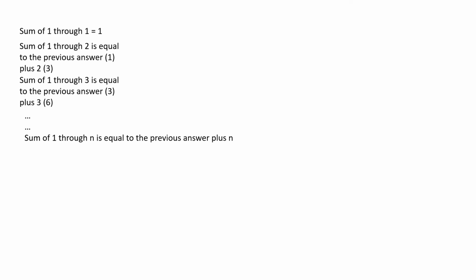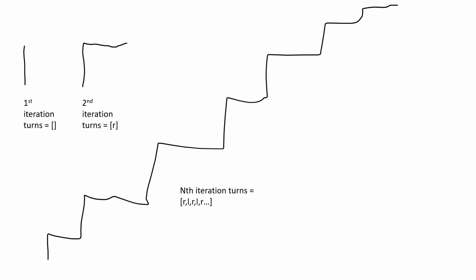Let's look at another example of recursion, and this time we're making another fractal, but a simpler one that just zigzags. So what you would do is, on the first iteration, your list of turns would be just nothing. There's no turns, it just goes in a straight line. Second iteration, it turns right once. Third iteration would turn right, then left, then right, then left, and so on.